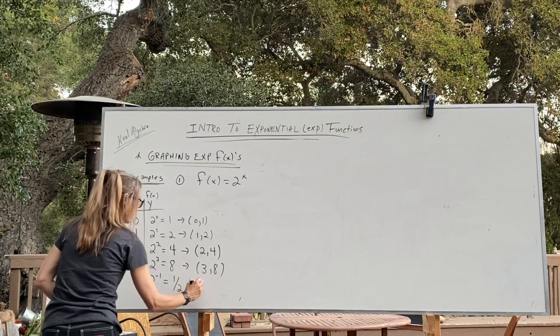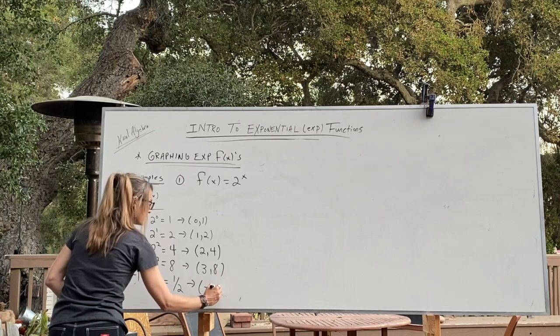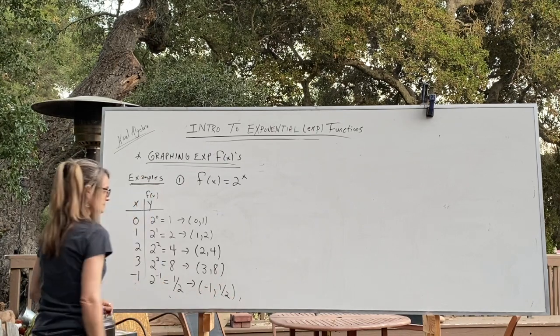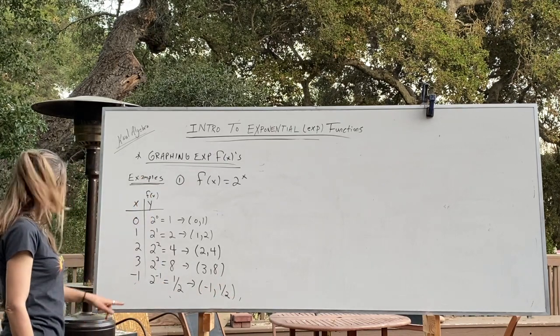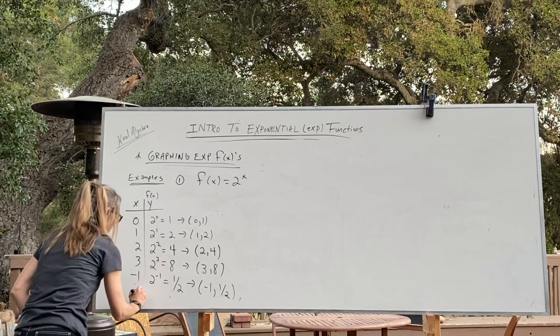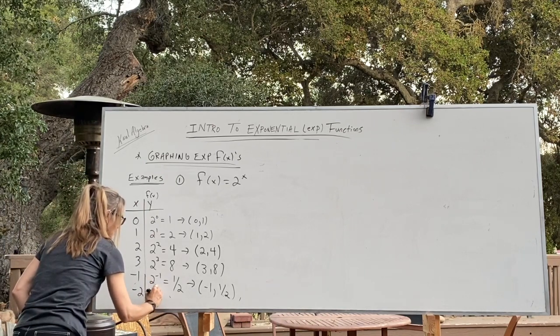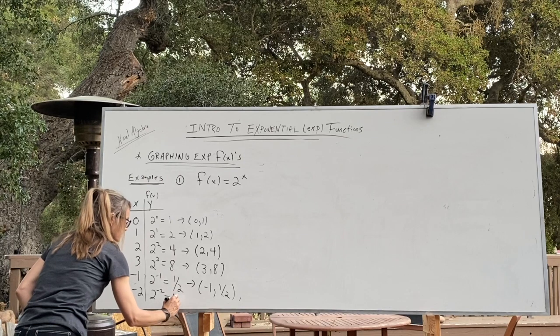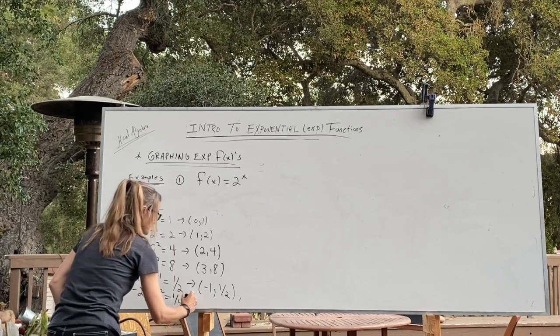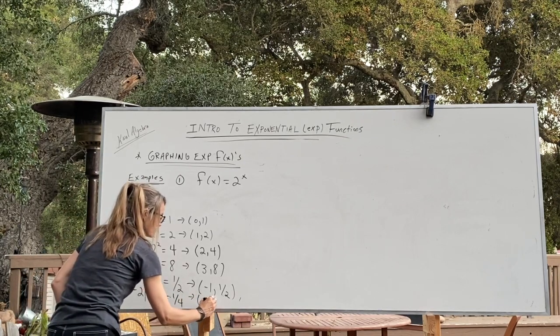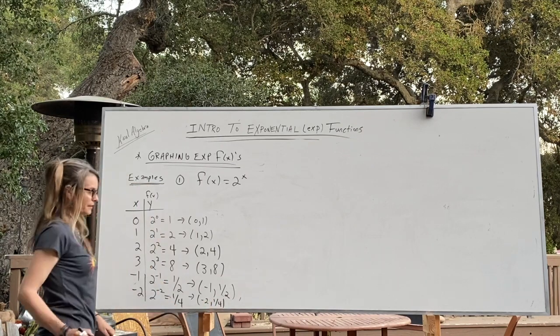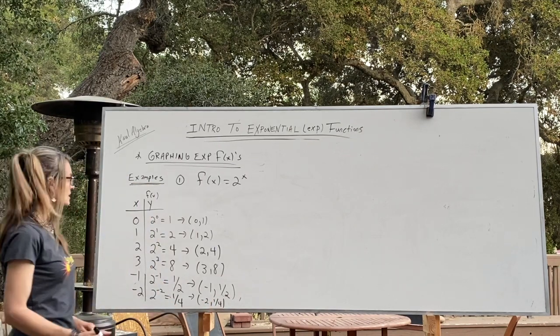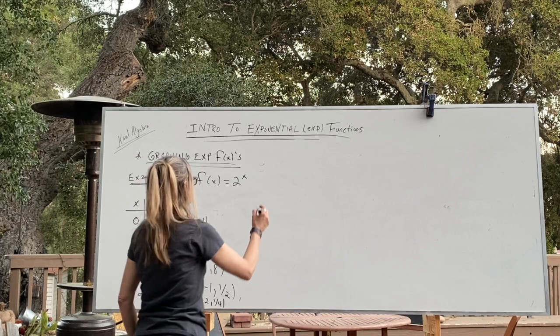And I get the ordered pair negative 1, 1/2. Okay. What happens as I go more negative? Well, your fraction gets smaller. So you get negative 2 comma 1/4. Squishing that in there, hopefully you could see. But you could follow along with my voice too.